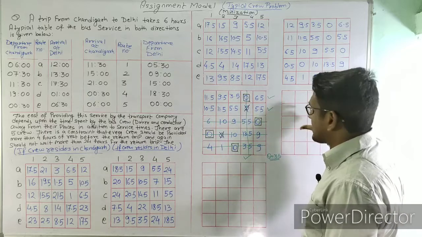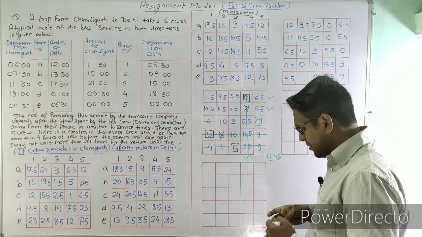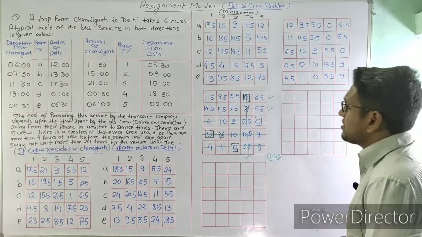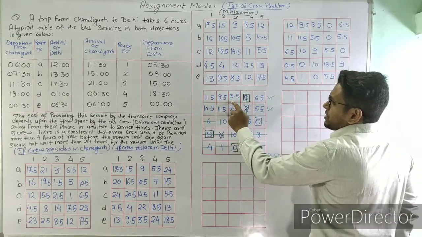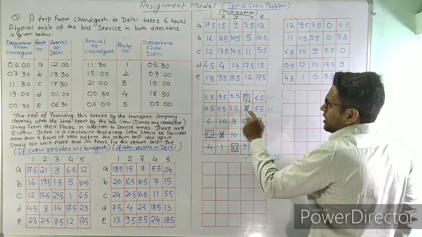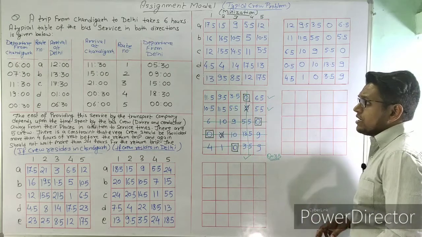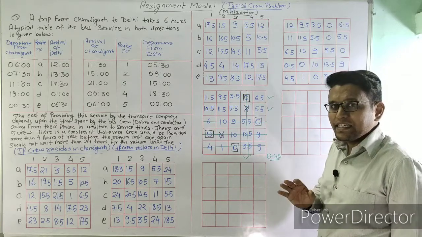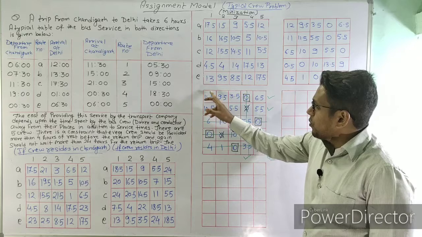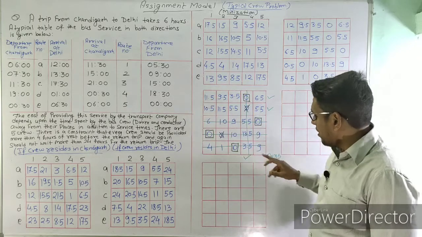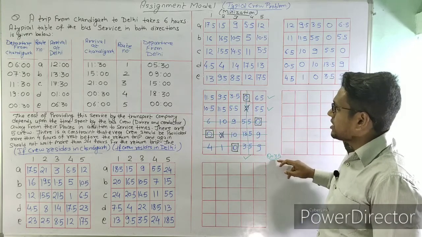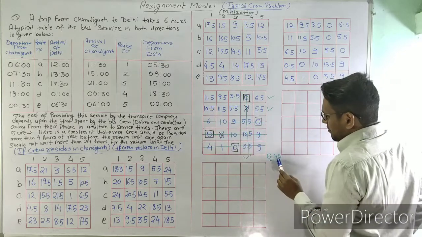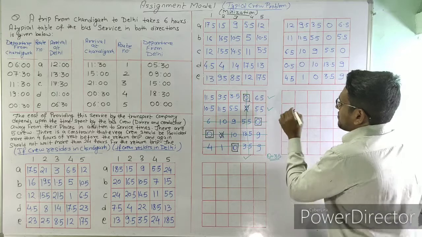Now we need to create a new assignment matrix here. To create the new assignment matrix, for the cells which have no lines passing through them, the new cost coefficient, that is the new Cij, will be equal to the older Cij minus the value theta. That means for this particular cell, this is 11.5 minus 3.5, so this will be 8.